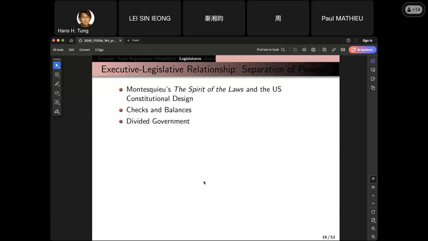For example, in the US Constitution, the president has some power, but at the same time, it has a veto power, right? Once Congress passes a bill the president doesn't like, the president can veto it. But if Congress has a 2/3 majority, it can override the president's veto. Also, a lot of the appointments have to go through Congress.